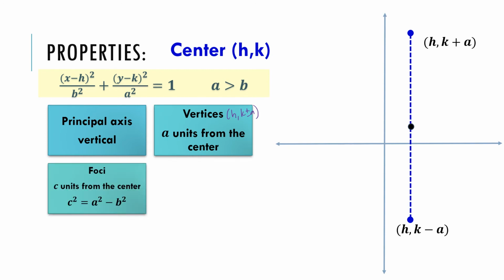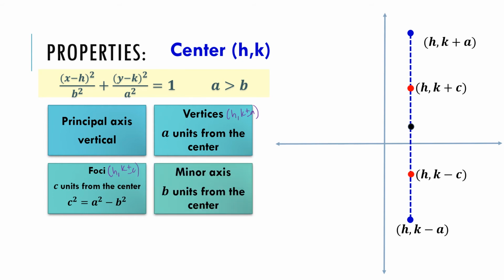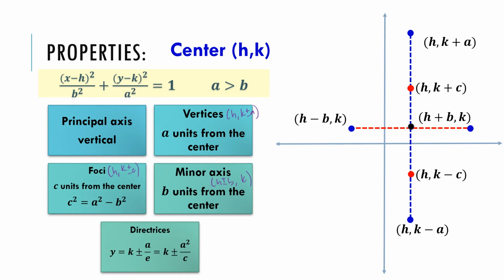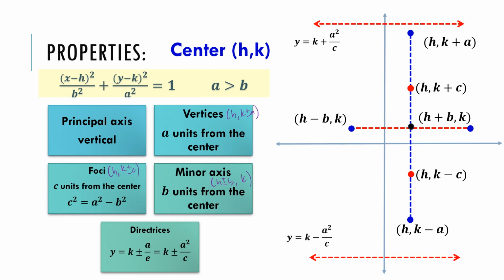Next, foci, c units from the center, up and down: (h, k plus or minus c). Next, minor axis, b units from the center, left and right: (h plus or minus b, k). And the directrix is y equals k plus or minus a squared over c.